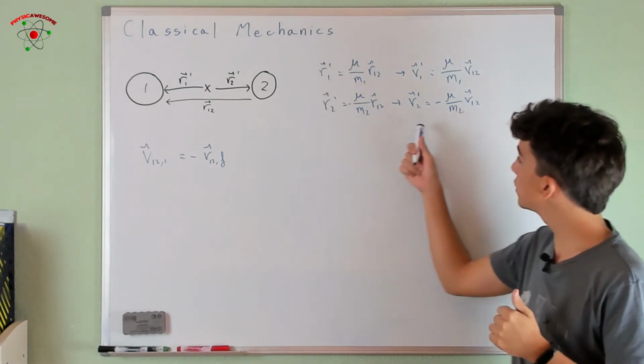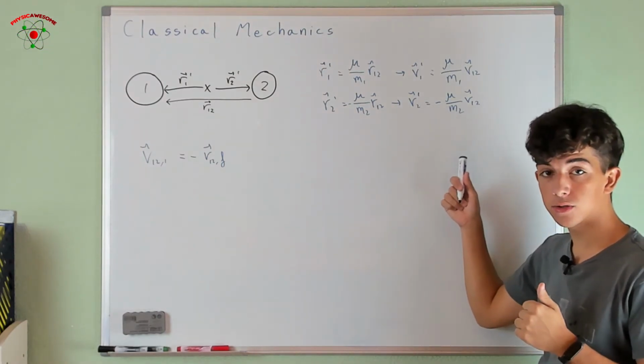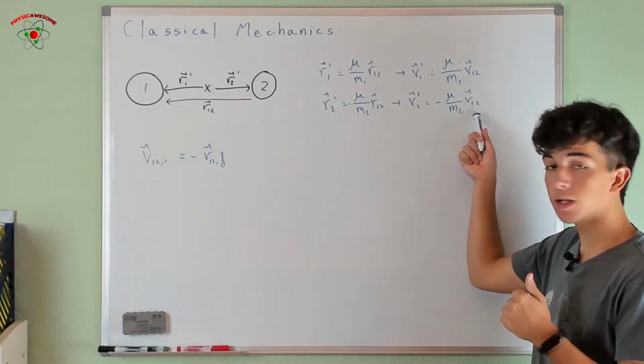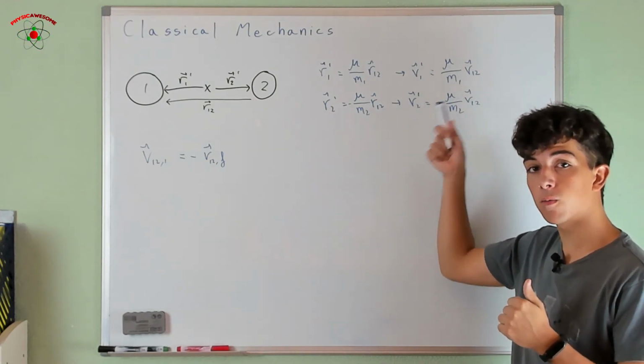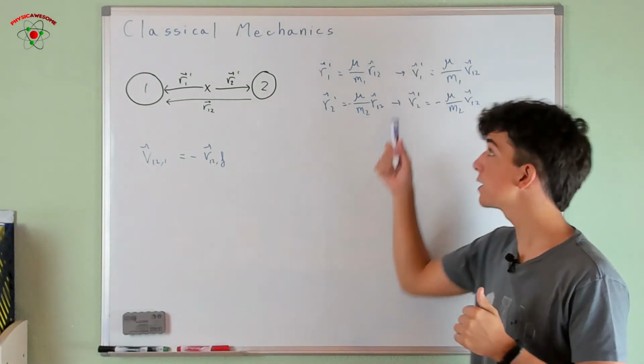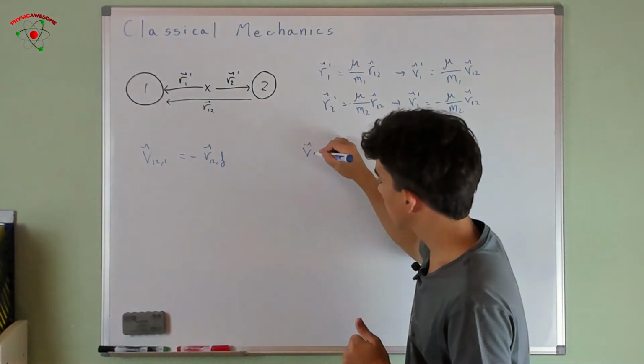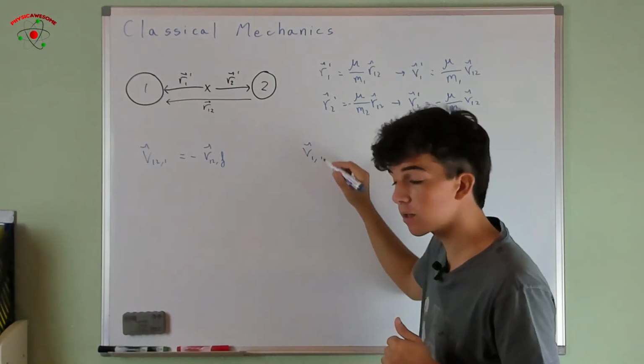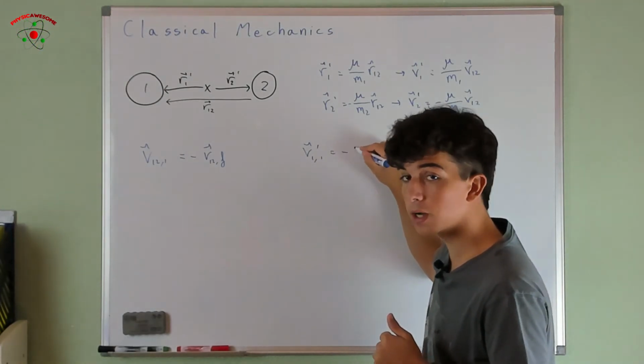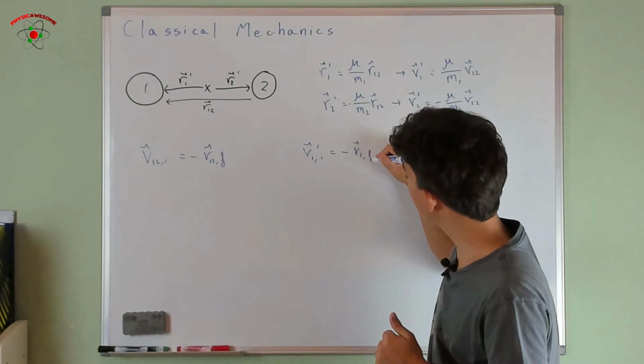And what we can deduce from this relationship is that as the V12 only changes sign from one to the other, what we're going to get is a change of sign in these velocities. In that way, V1 initial prime is going to be equal to minus V1 final prime.